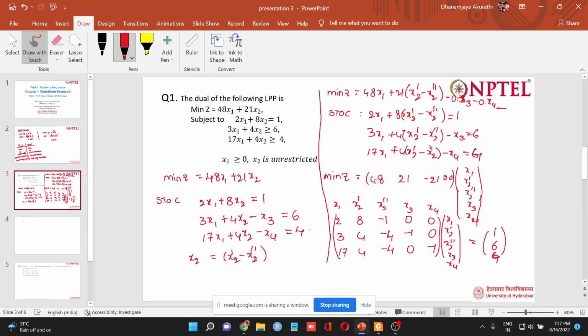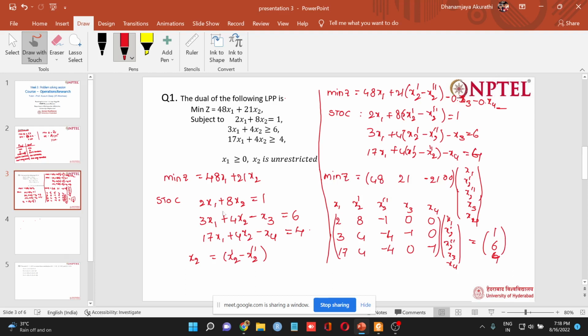Okay, next, to convert this into the dual problem, what we have to do now? This is the standard form representation of the given LPP. Now here our objective function is of minimization type. Then the dual problem would be of maximization type. So maximum of z is equal to, the cost coefficients would be the constants on the RHS of the primal.